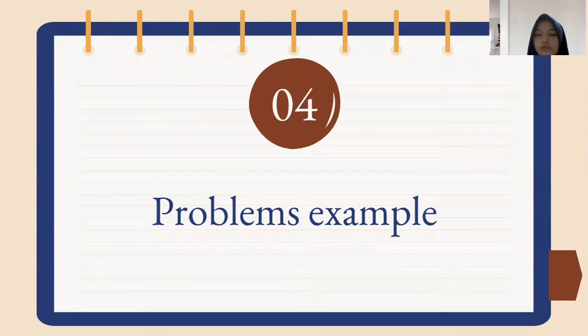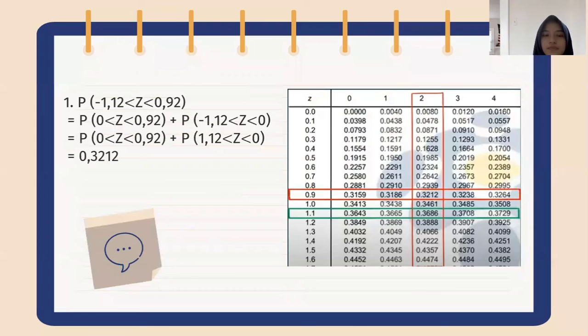And the fourth is problems example. First question is the probability Z bigger than minus 1.12 and Z smaller than 0.92. So first we divide it by 2, from 0 to 0.92 and 0 to minus 1.12. From minus 1.12 to 0 equals 0 to 1.12.